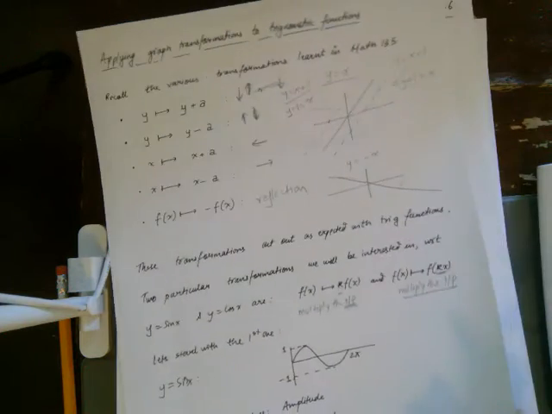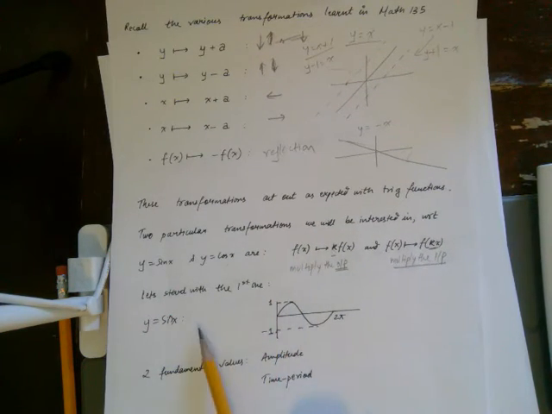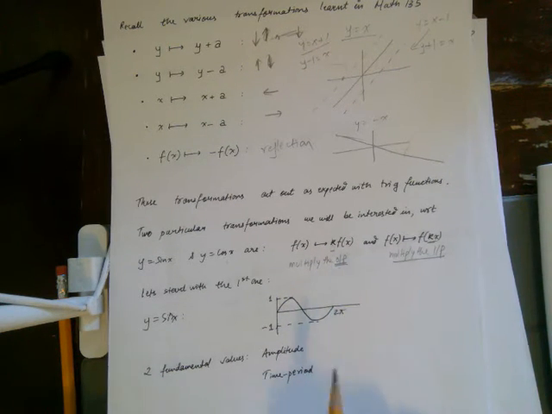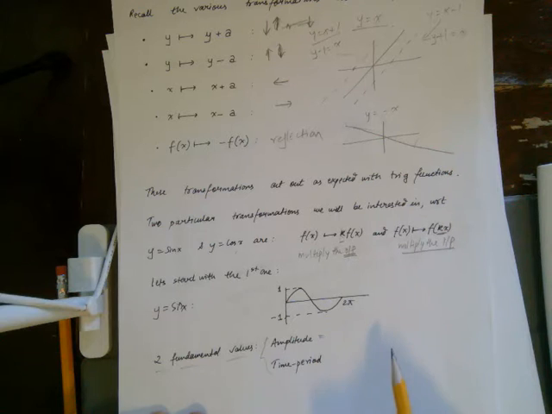Let's start with a simple graph of y equals sine x. Now we've seen that the time period is 2 pi, the max value is 1, the min value is negative 1. Now for these trig functions, there are two fundamental values we talk about: amplitude and time period. The amplitude is the max value, and the time period is when it starts repeating.